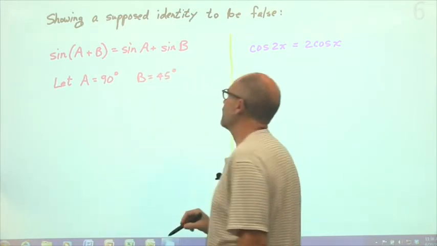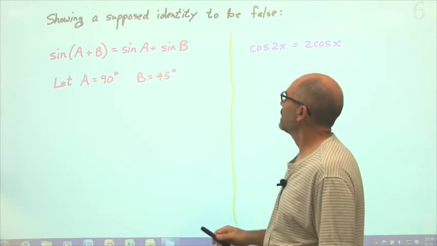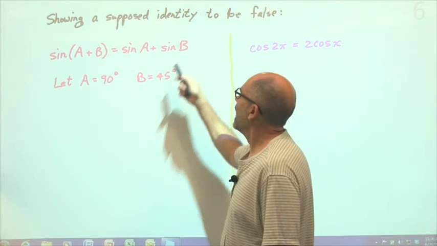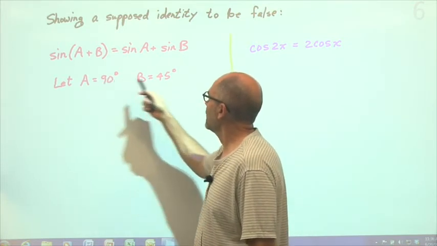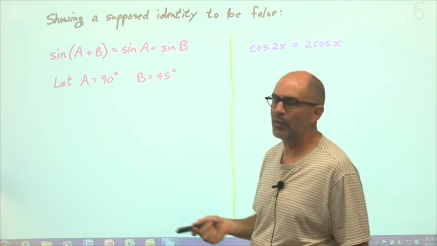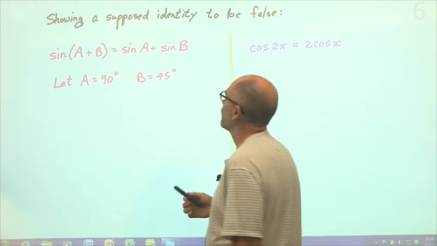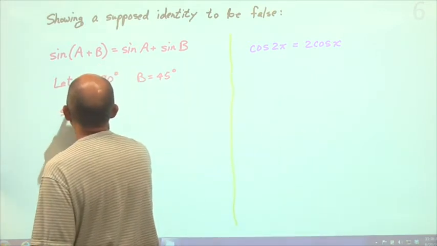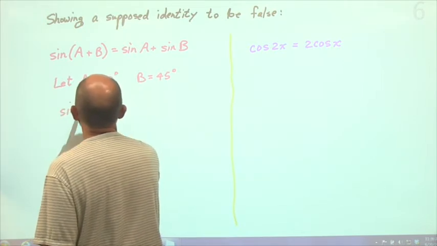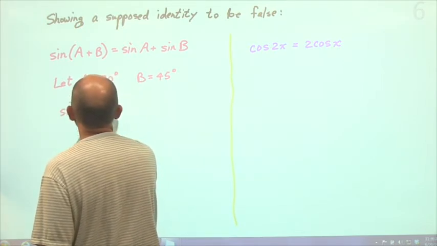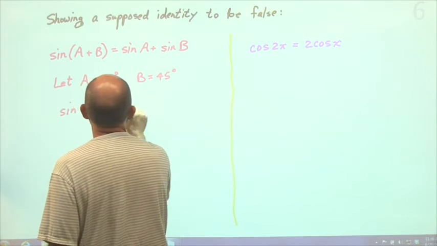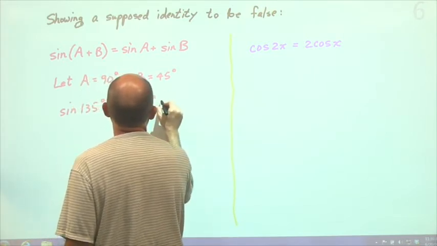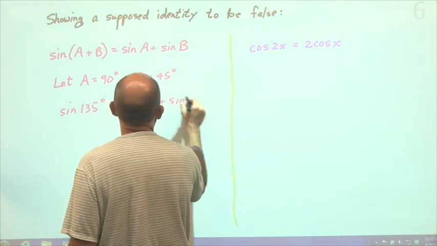Now the reason I pick these two numbers is because I know sine of 90 and I know sine of 45, and I also know sine of 90 plus 45, that's 135. So when I put those in, I have sine of 90 plus 45, which is 135, equal sine of 90 plus sine of 45.